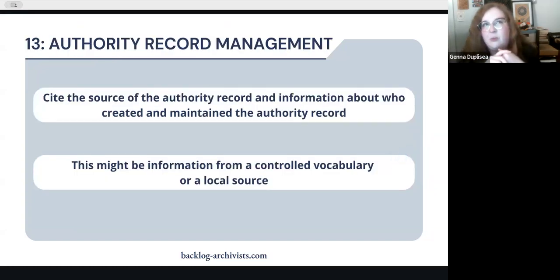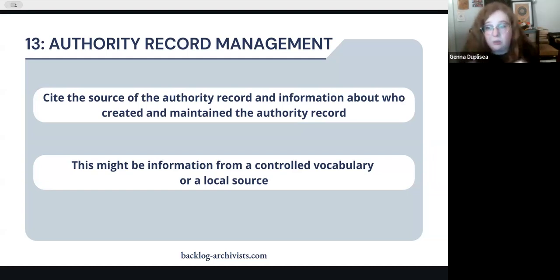So when you have your authorities, like this is how we're going to talk about this person, this corporation, this particular family, maybe you're getting that from a controlled vocabulary, like I said, or maybe it's all local sources. These are materials that are really relevant to your community, but they don't have papers or publications anywhere else. So they're not in any other controlled vocabulary.